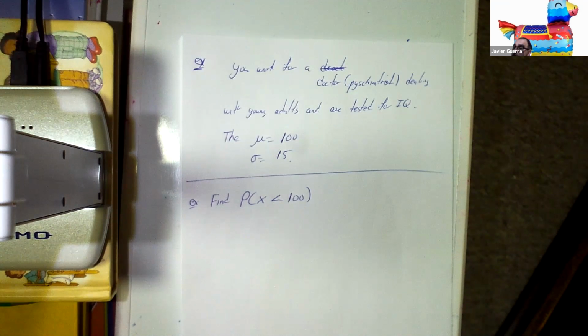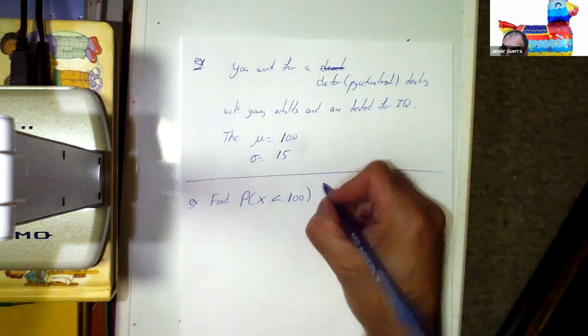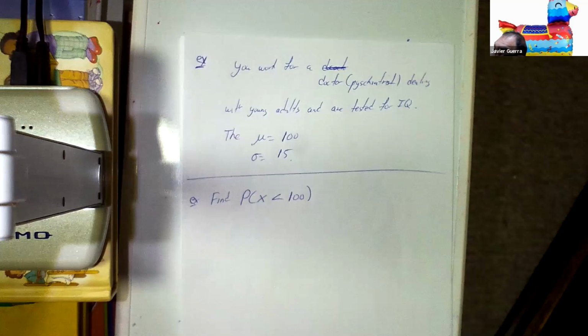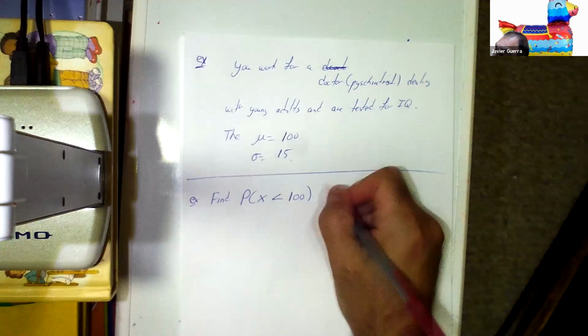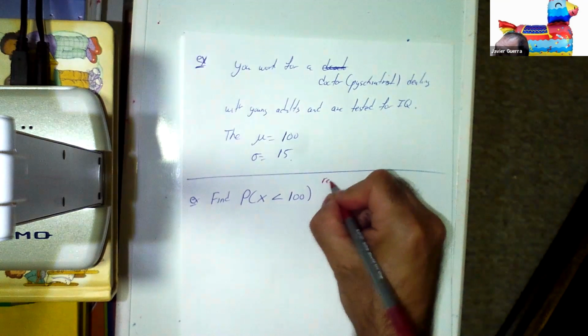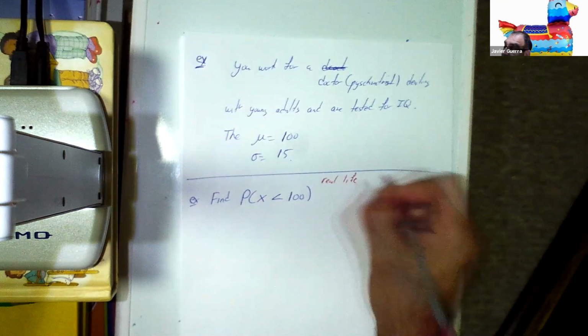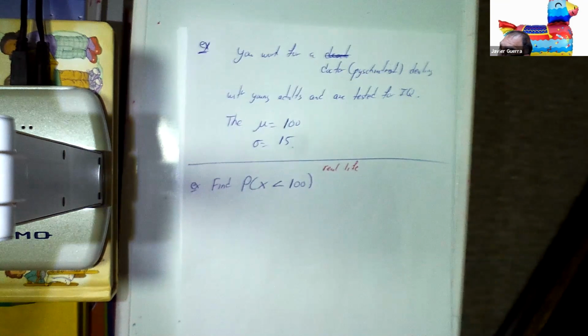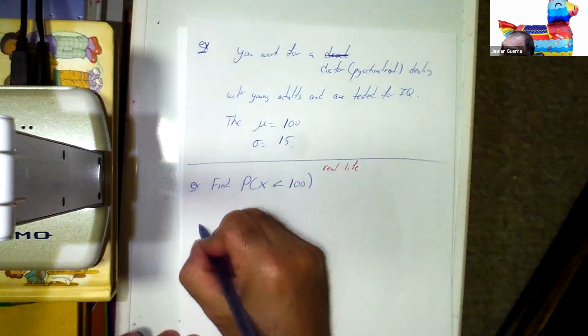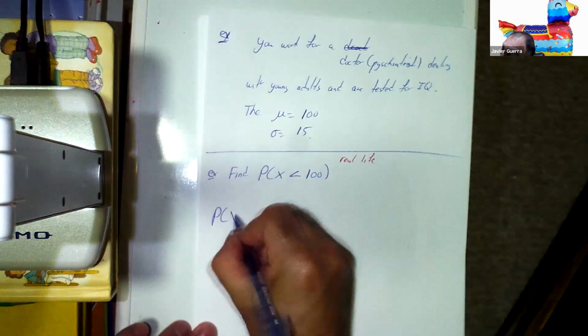All right, so right off the bat, they're giving you the X. So this is real life. All right, so you're gonna write down your probability. You're gonna put P(X < 100).